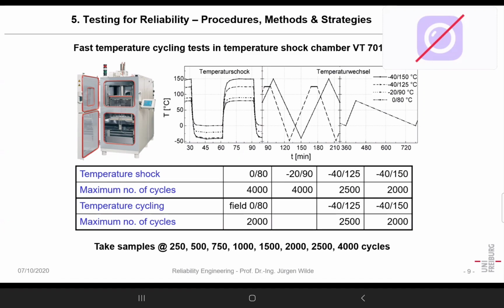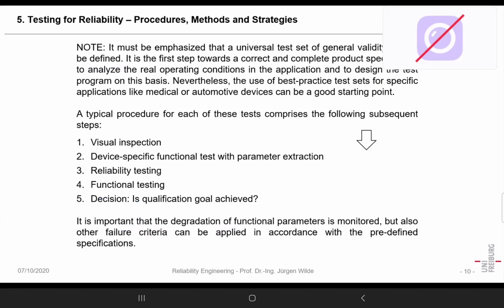In the end, that's a typical test which you perform on printed wiring board based assemblies. On the other hand, when you have assemblies which have higher power, you prefer a power cycling test. When you do that testing, typically you first do visual inspection. As I said, if you already see a problem, you will not test it.